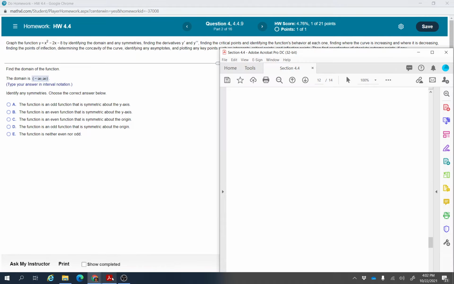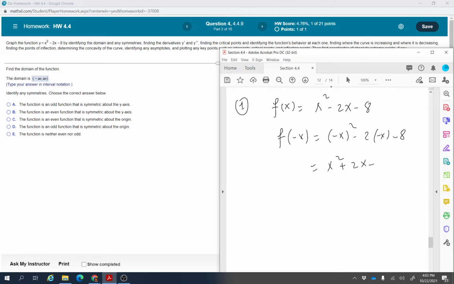So you can use symmetry, for example, for finding the, let's say this is problem 1. For finding the symmetry, if you have a function f of x, which is x squared minus 2x minus 8, we find f of negative x, which is negative x whole squared minus 2 times negative x minus 8, which is x squared plus 2x minus 8.